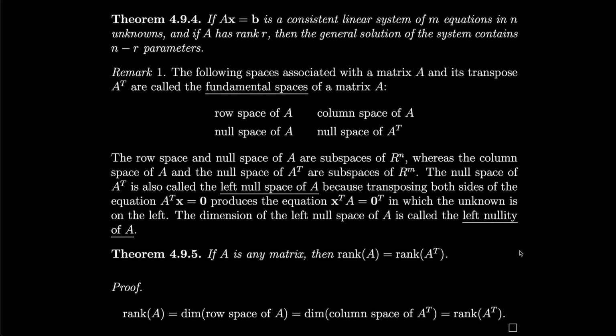If Ax equals b is a consistent linear system of m equations in n unknowns, and if A has rank r, then the general solution of the system contains n minus r parameters. We won't prove that, but it's true.